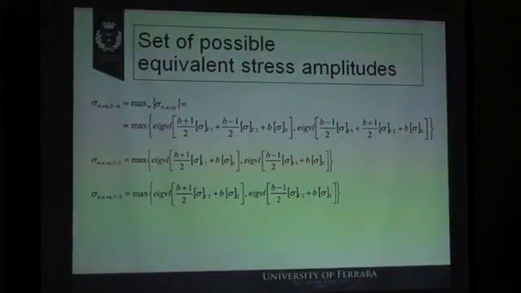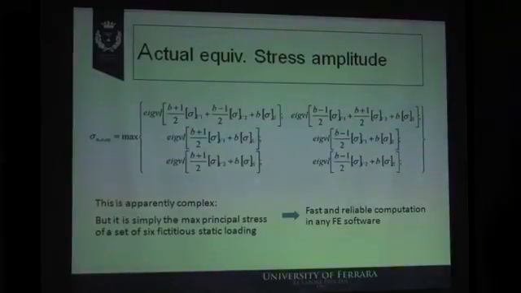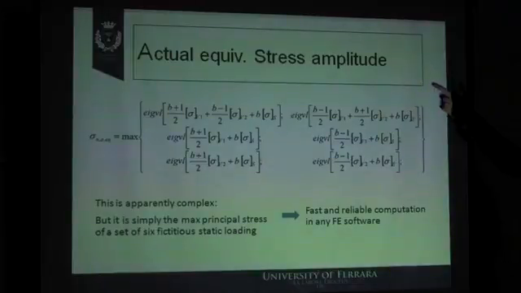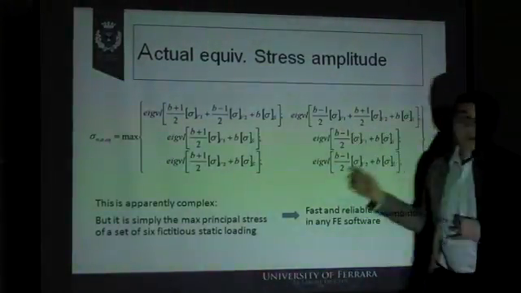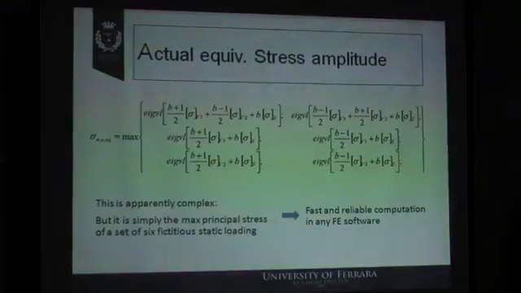This is a set of possible equivalent stress amplitudes, and the actual one I'm looking for is obviously the maximum. So, the actual equivalent stress amplitude is the maximum value of the eigenvalues of these tensors.